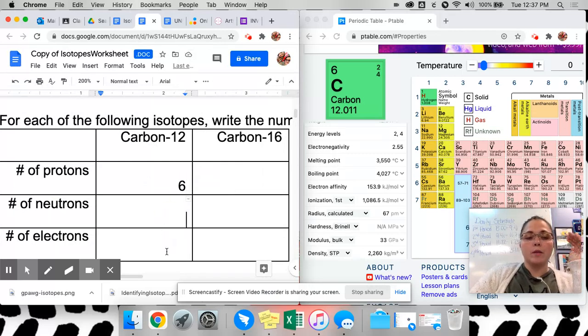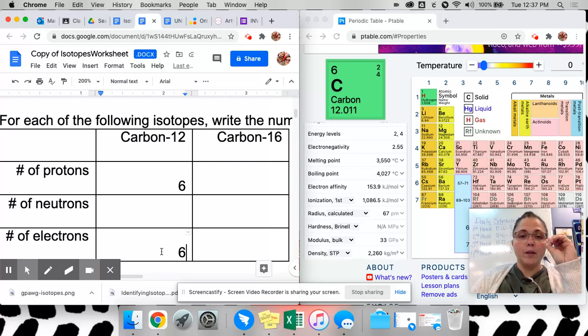Now, we will skip down to the electrons. The protons and electrons are going to be equal for all of these because we are not talking about ions yet. If I have a neutral atom, meaning its charge is 0, and it has 6 protons, 6 pluses, then how many minuses does it have to have a charge of 0?